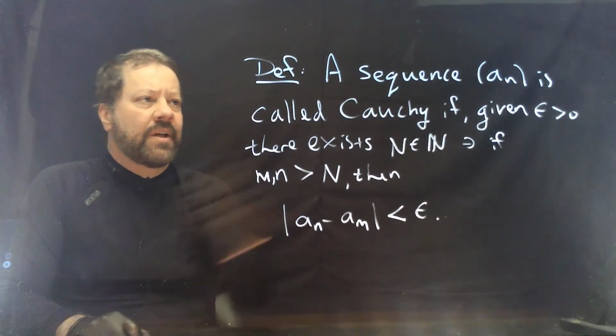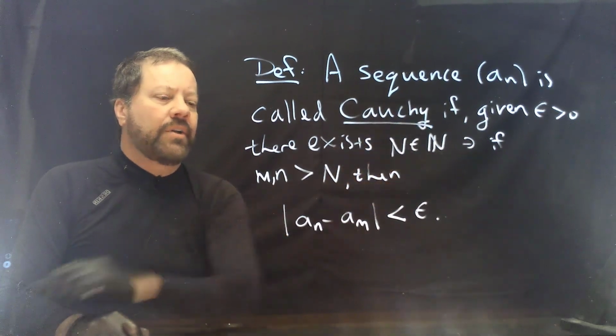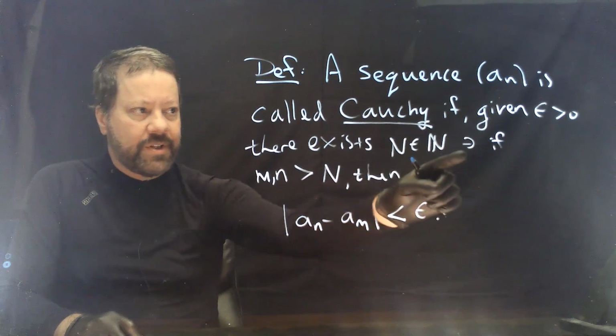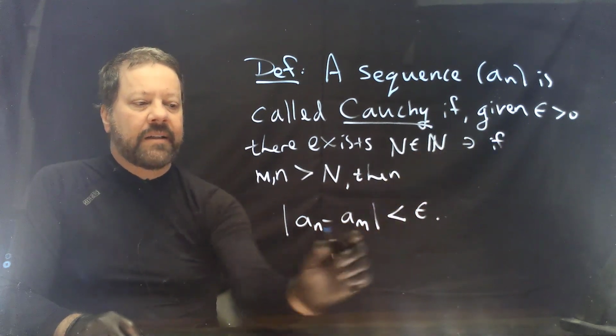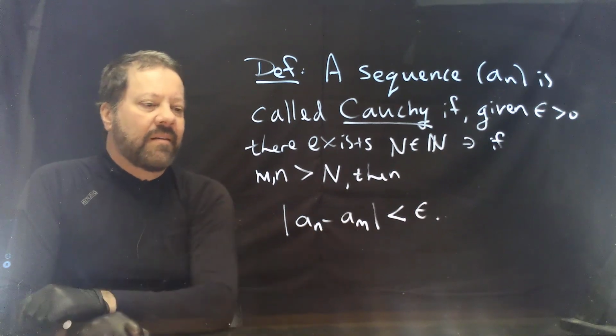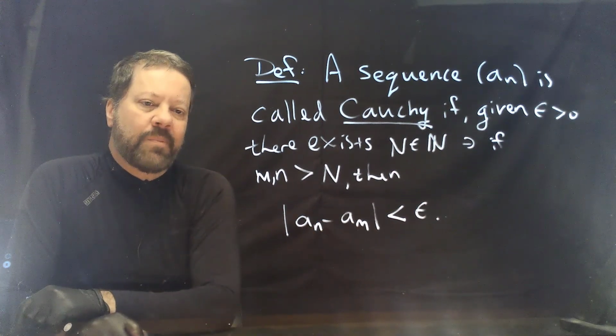So a sequence is called Cauchy if you choose any level of closeness that you want, any epsilon greater than 0, eventually adjacent terms or nearby terms in the tail can be no more than epsilon apart.